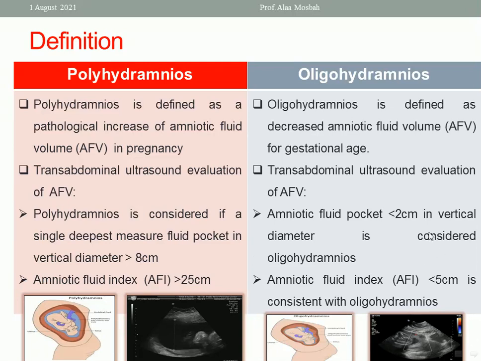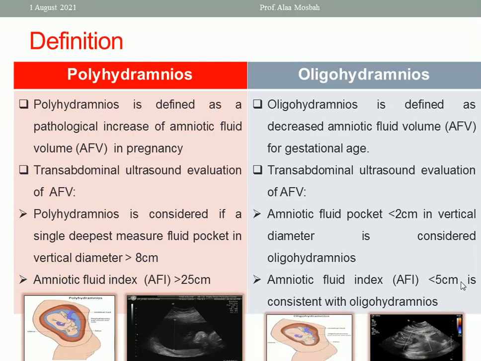On the other side, oligohydramnios is defined as decreased amniotic fluid volume for gestational age, also confirmed by transabdominal ultrasound through evaluation of the amniotic fluid: a single pocket less than 2 centimeters in its vertical diameter, or amniotic fluid index by summation of 4 pockets in the 4 quadrants of the abdomen.